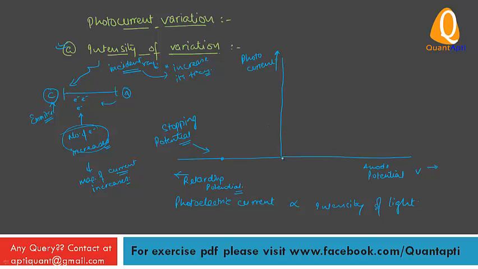Now for a certain metal, the intensities are I1, I2 and I3. This is the plot of photoelectric current against the anode potential for different intensities of incident radiation.